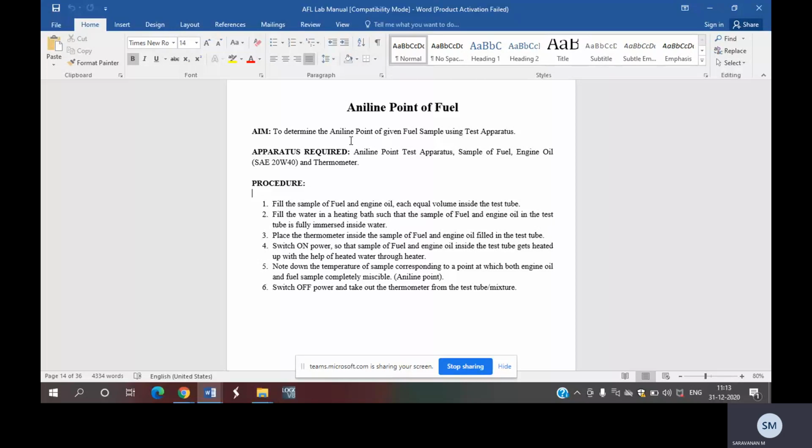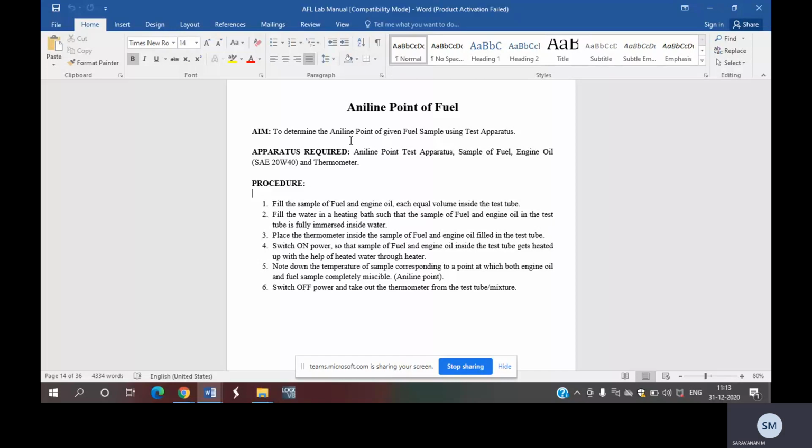Next, place the thermometer inside the sample of fuel and engine oil. Now switch on the power so that the sample of fuel and engine oil inside the test tube gets heated.